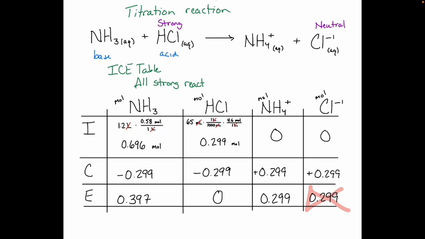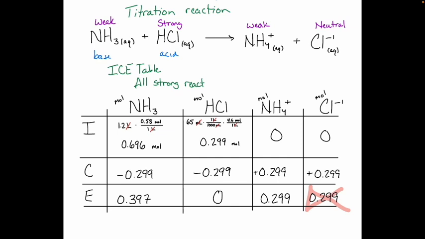It's the conjugate of something strong, so it is neutral. But on the other hand, my weak base is going to have a weak acid conjugate. So I do have to pay attention to my conjugate acid over here. What I'm left with is a mixture of a weak base and its conjugate acid.